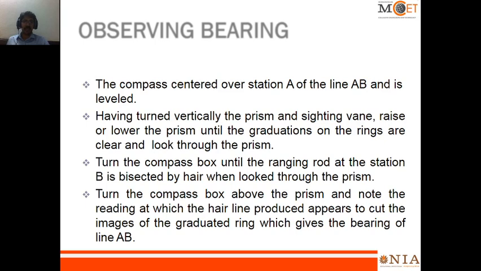Having turned vertically the prism and sighting vane, raise or lower the prism until the graduations on the rings are clear and look through the prism. Then turn the compass box. This procedure is based on the prismatic compass: how the readings can be marked, how the readings can be measured, how the sight to the particular point can be made. This procedure is explained with respect to the prismatic compass, right?